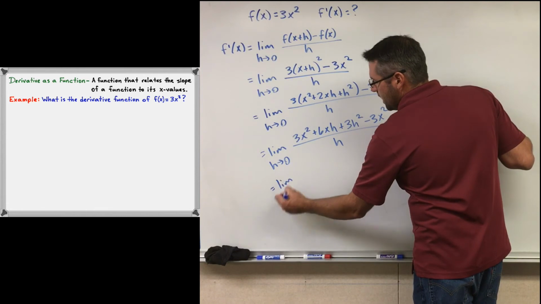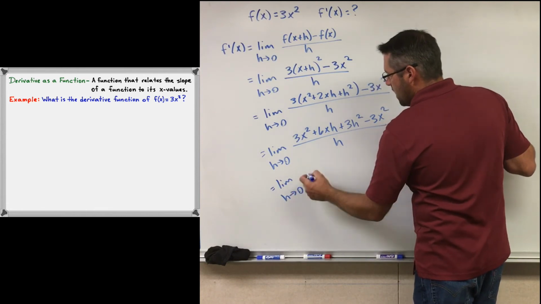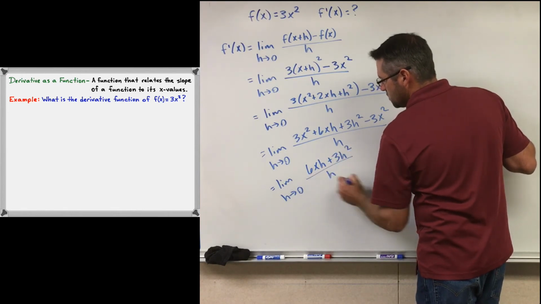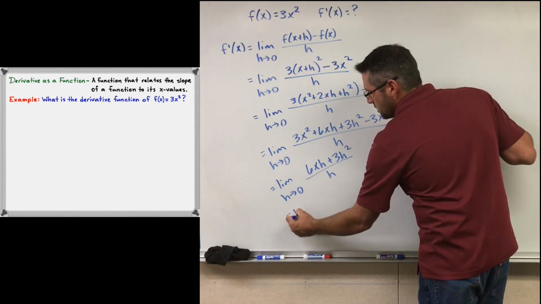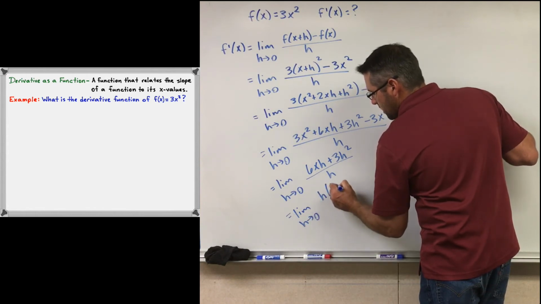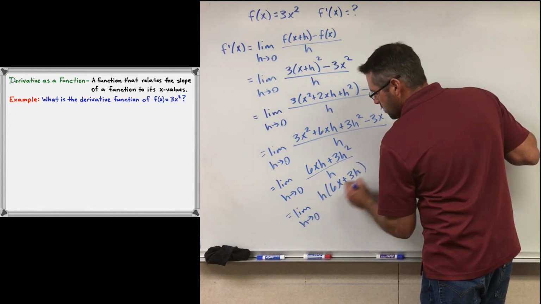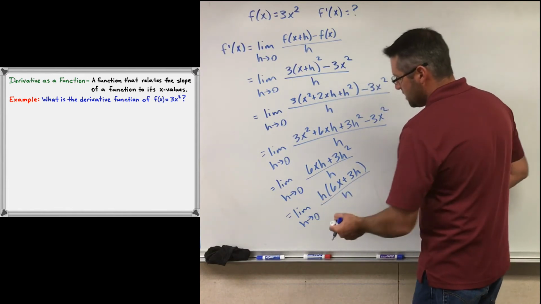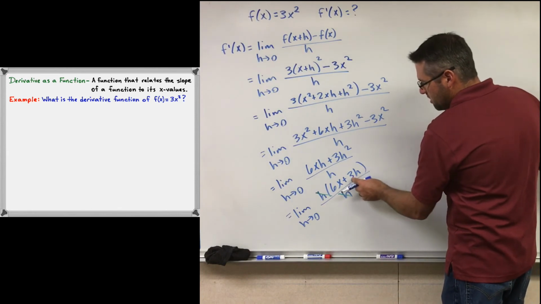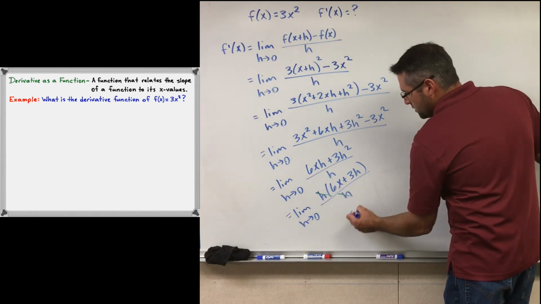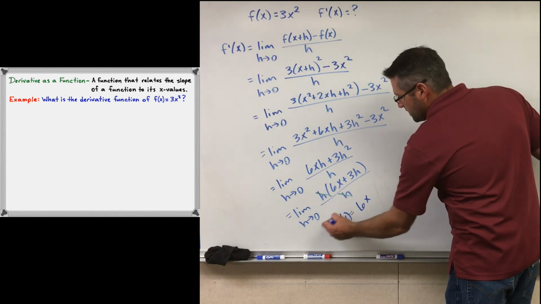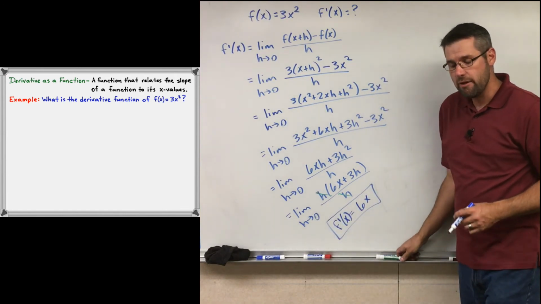So we have the limit as h approaches 0 of 6xh plus 3h squared over h. We can factor out the h, so that becomes 6x plus 3h all over h. We can see that those h's now reduce. And we can plug in the 0 for h, so 3 times 0 is 0. So our final answer is just 6x. So we can now say f prime of x is equal to 6x.